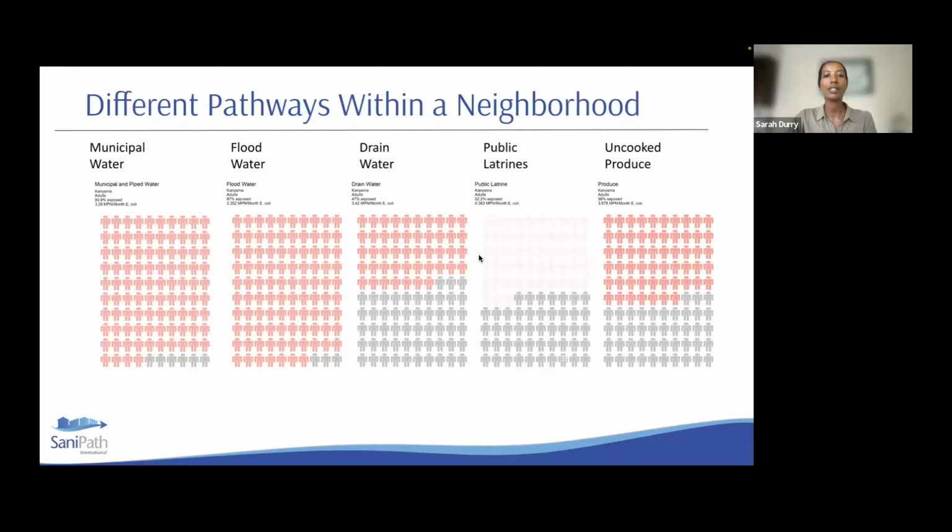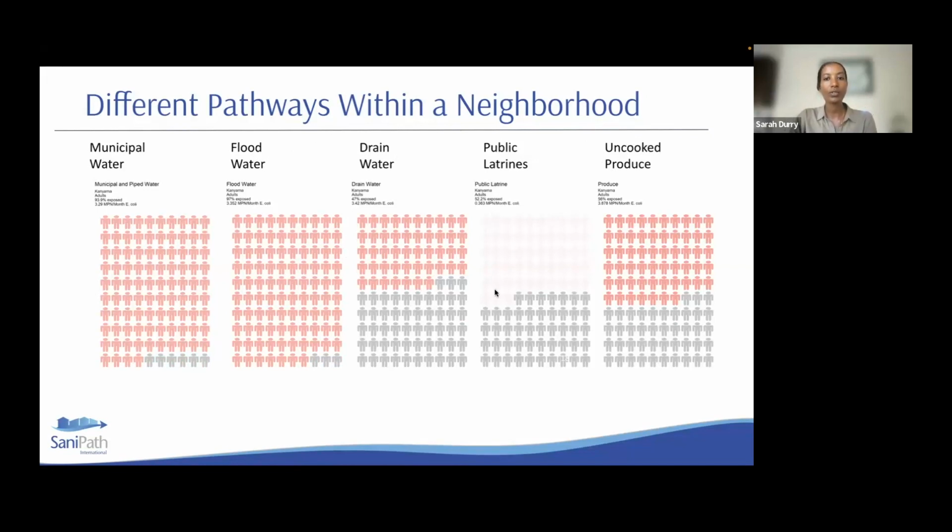So here, this slide highlights the people plots shown that we can compare. So here within a single community, you can use the standardized data to compare different pathways. As you can see, municipal water, flood, drain, public latrines, and uncooked produce. So for example, you can see that in public latrines, the color of the red is very faint.